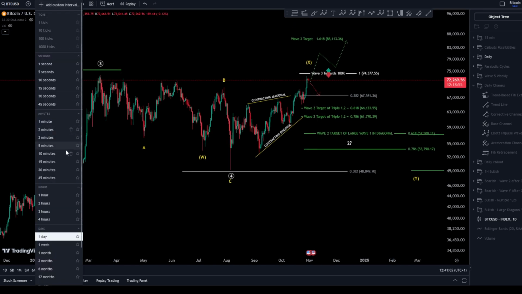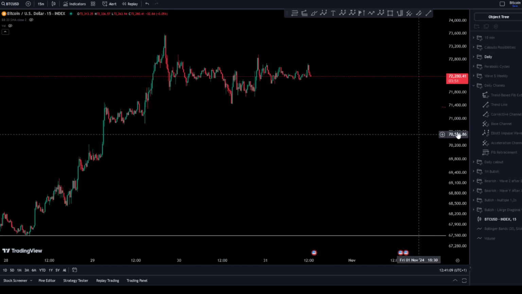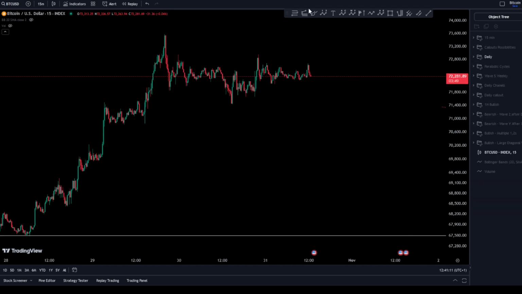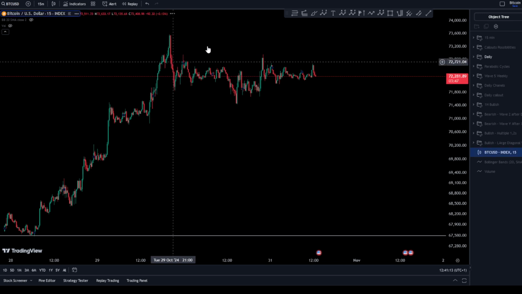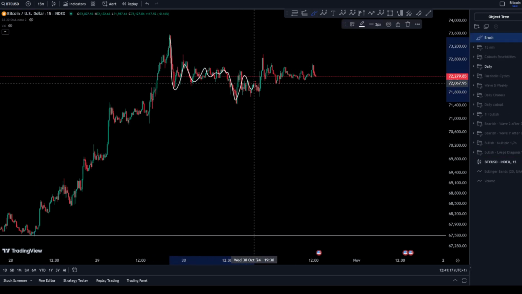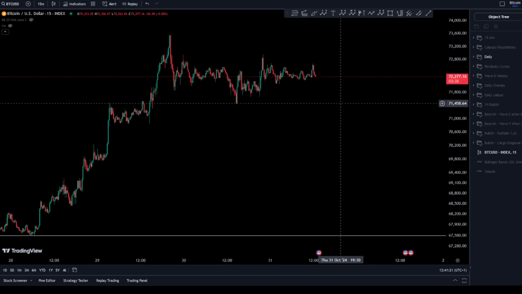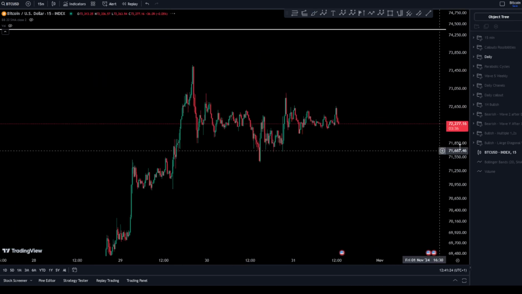Now, if we dive a little bit deeper into what's going on inside to get a clearer idea. So yesterday, of course, we saw a lot of consolidation, the same as what we are looking at today, and a lot of zigzags and a lot of triangles actually. A very weird correction even.